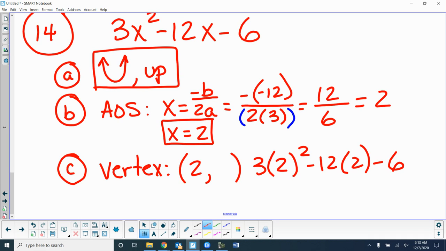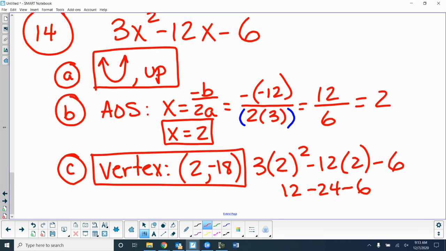Because it opened up. All right? Another mistake you guys make. You guys, okay, I know 3 times 2 is 6, so I'm going to go 6 squared is 36. Wrong. You did multiplication before exponents. You're supposed to go 2 squared first. 4 times 3, 12. 12 times 2, negative 24, which is a negative 12. Minus 6 is a negative 18. All right? So there's your vertex.